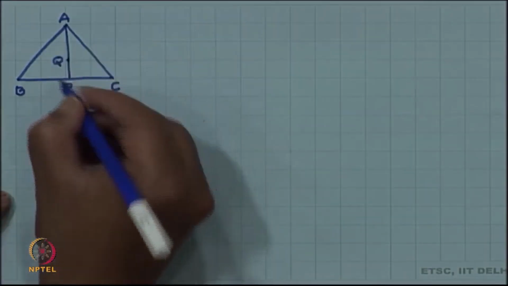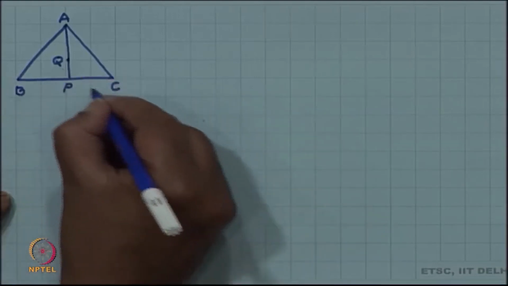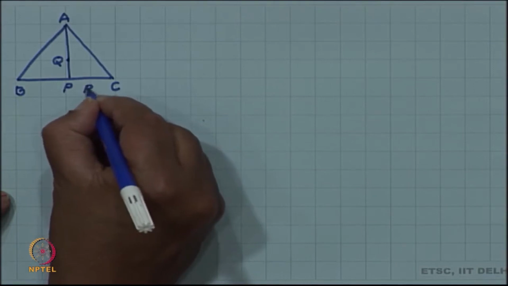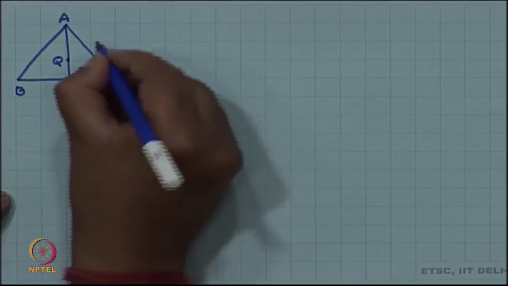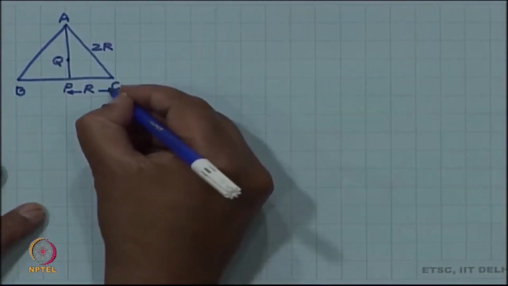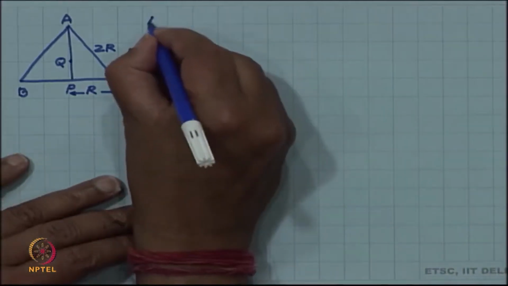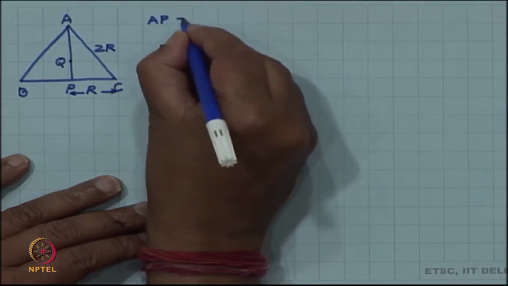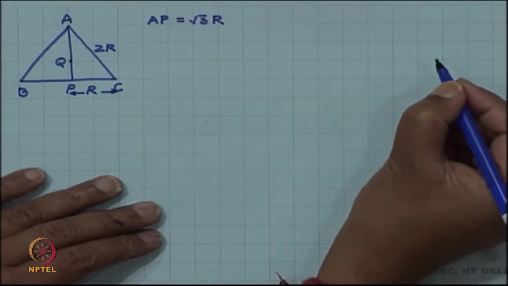AP is the perpendicular from A on BC, and we have PC equal to r, AC equal to 2r, and we just found that AP is root 3 r.